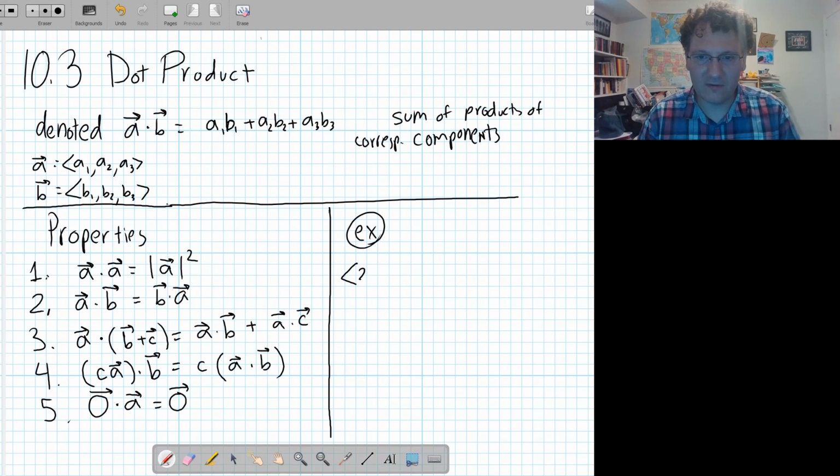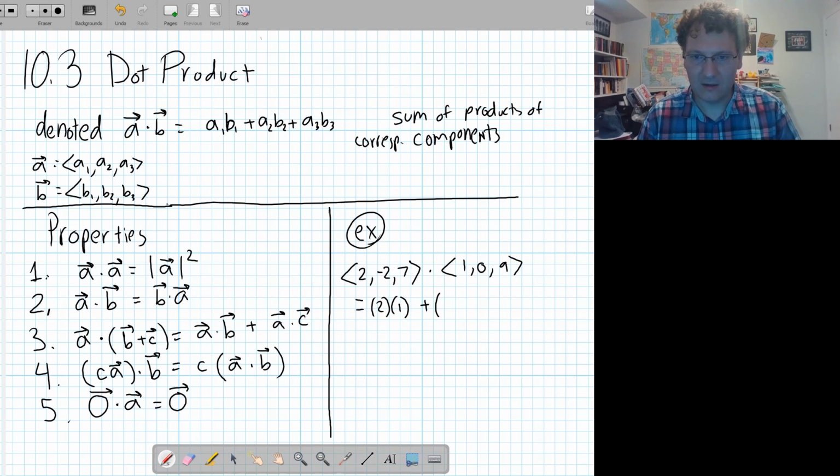The dot product of the vector 2, -2, 7 dotted with the vector 1, 0, 9. It's 2 times 1 plus -2 times 0 plus 7 times 9.